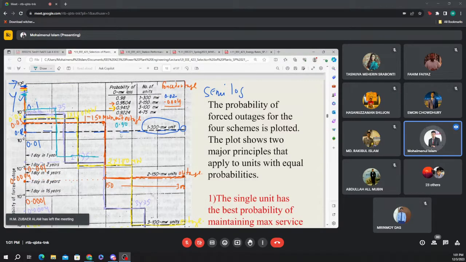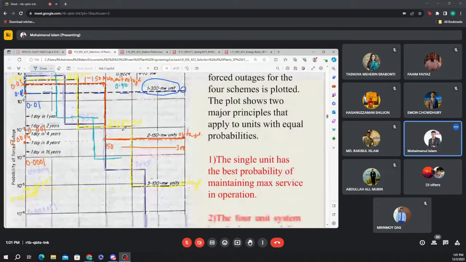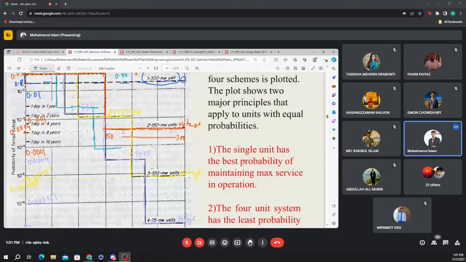Then maybe your next line should be somewhere here. Okay, so like that, you need to draw the 5 staircases, right? Maybe like that. 1, 2, 3, 4, 5 staircases.